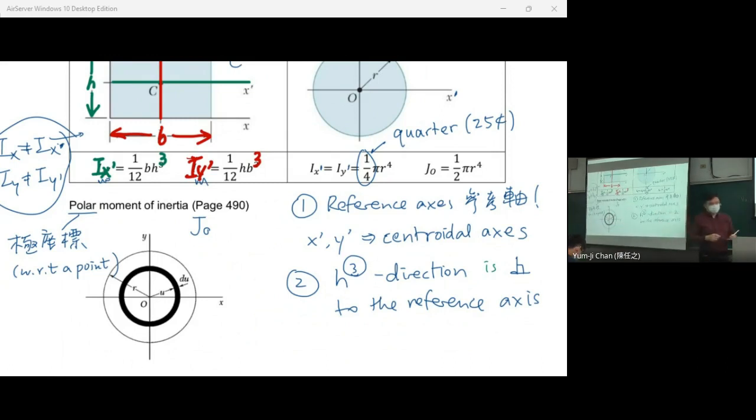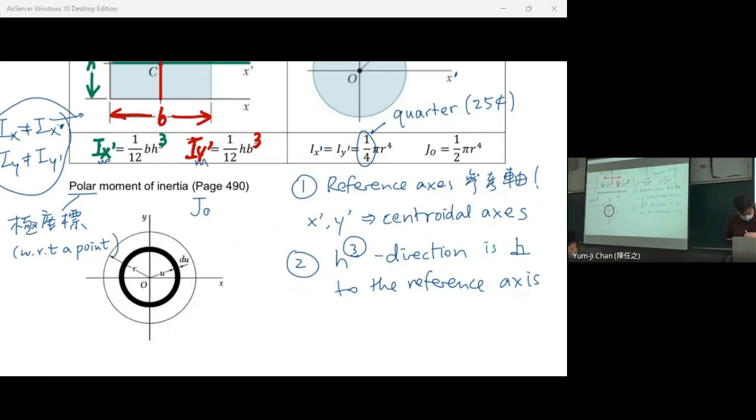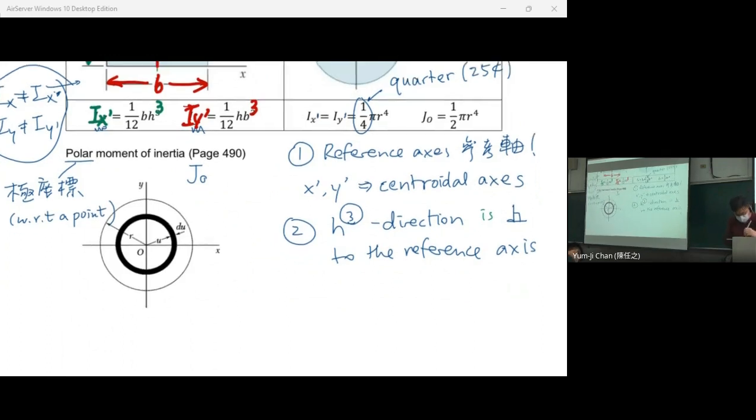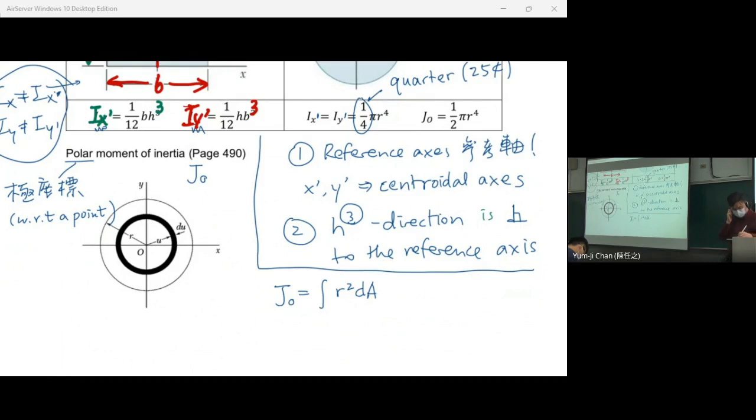The definition of J0 is the integral of r squared dA, and it is equal to 1/2 of pi r to the power 4.